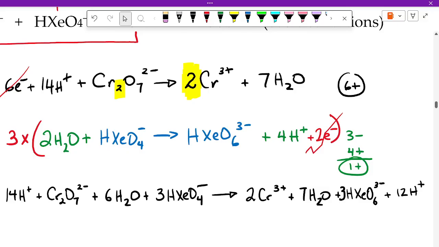Did we get 14 H pluses on the left? Yeah. So what's going to happen is those 14 H pluses on the left are going to cancel with the 12 H pluses on the right. So this one becomes a 2. Did we get 6 water on the left and 7 water on the right?